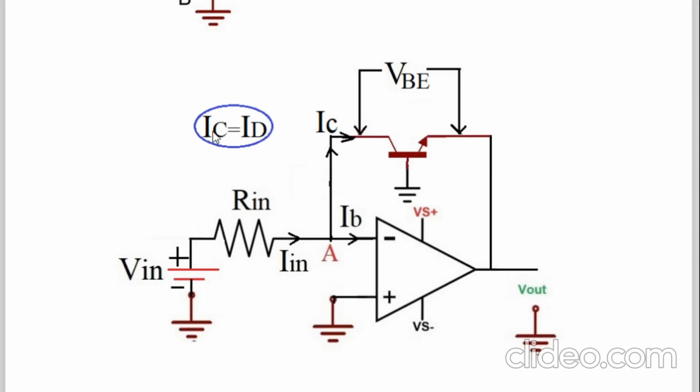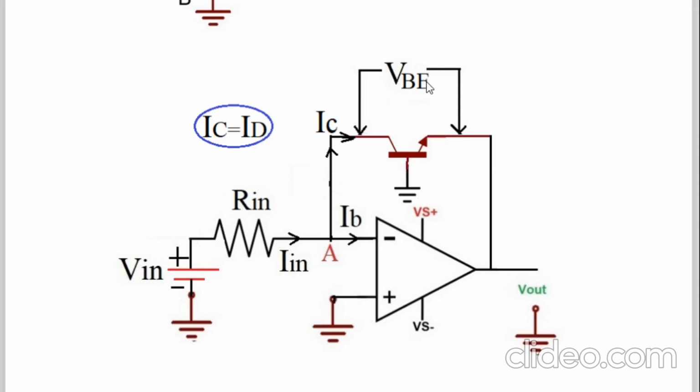Why is IC equal to ID? Because this is a collector current, but in this case collector and base are short circuited, therefore this entire transistor works as a diode, and therefore the collector current is equal to the diode current. You have to remember that in this case. Now look at this diagram.